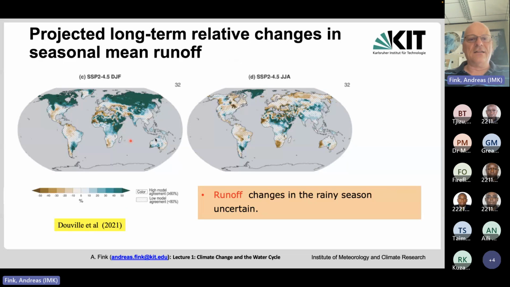Now there is the projected change in the seasonal mean runoff, DJF, JJA. And when you look into it for the rainy season, we do see some projected decrease in the more western parts of Southern Africa, but there's a low model agreement, whereas for a reduction in stream flow during the dry season, there is a larger model agreement.